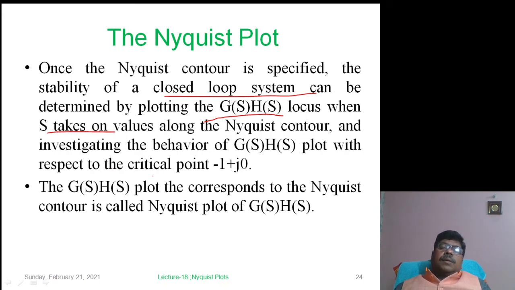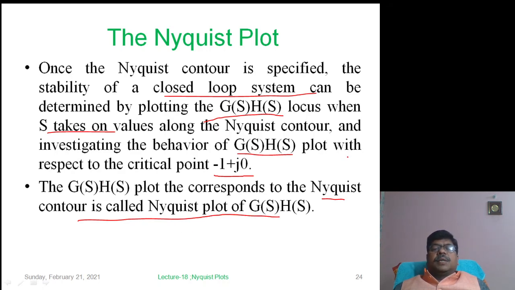Here the behavior of the GSHS plot with respect to the critical point minus 1 plus j0 is important, because adding 1 plus GS gives the characteristic equation, and the zeros of this characteristic equation should not lie in the right half of the S plane. So this plot corresponds to the Nyquist contour, and that is called the Nyquist plot of GSHS.